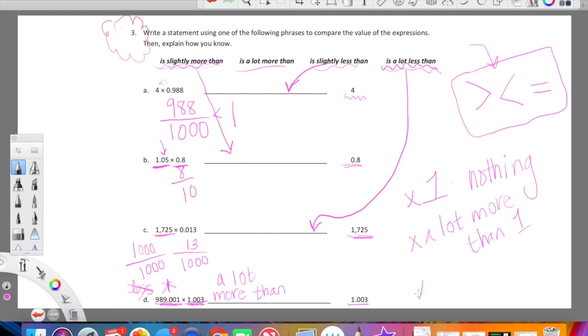When you multiply a number by something that's a lot less than 1, that number is going to shrink significantly.